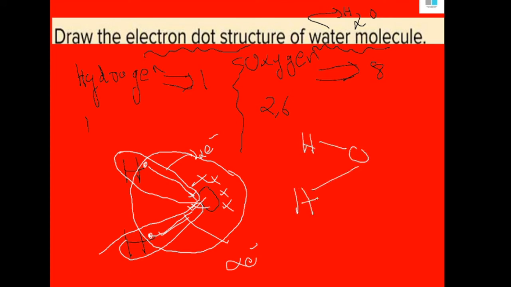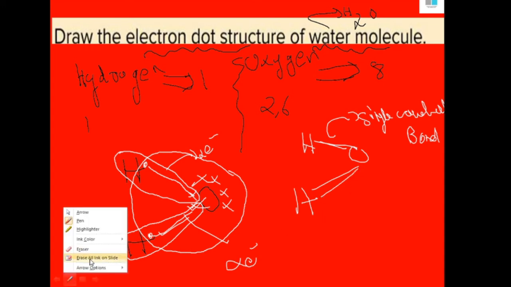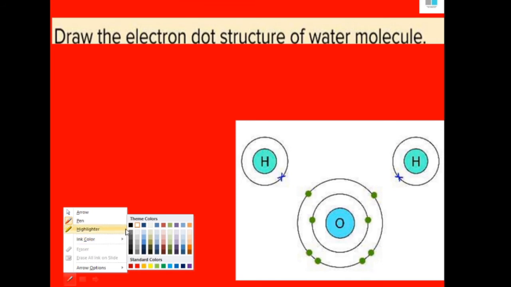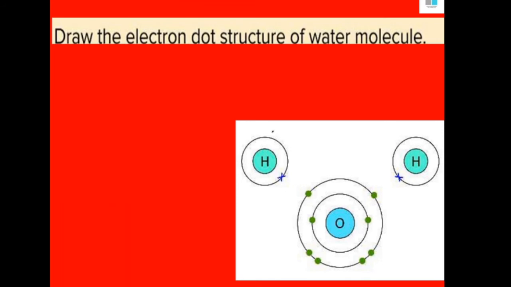So you can say that this is an example of single covalent bond. Right, here how many electrons are being shared? 2 electrons are being shared between each pair of atoms. So like this the dashes would come, right? One single covalent bond over there and a single covalent bond over there. So you can see the structure: one hydrogen would take just 1 electron from the oxygen.